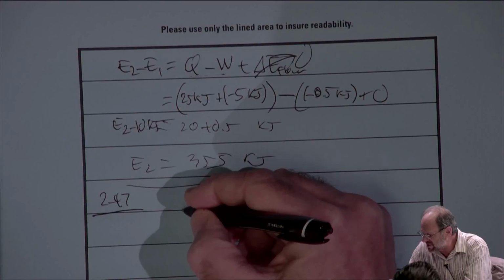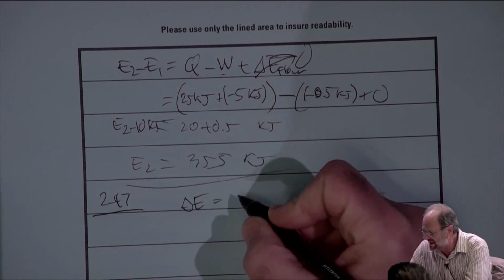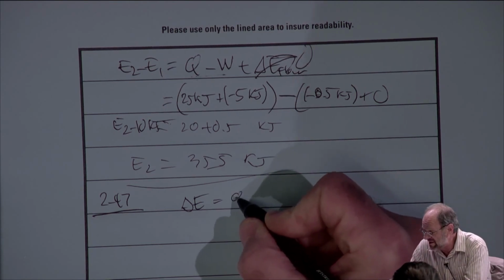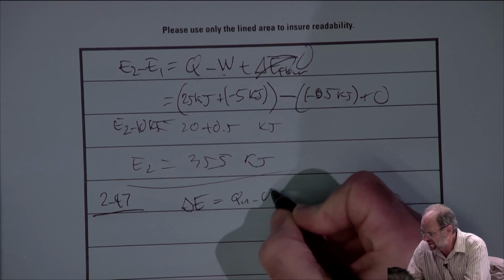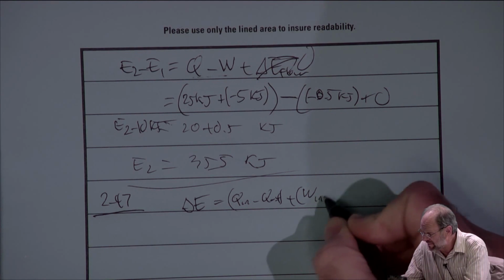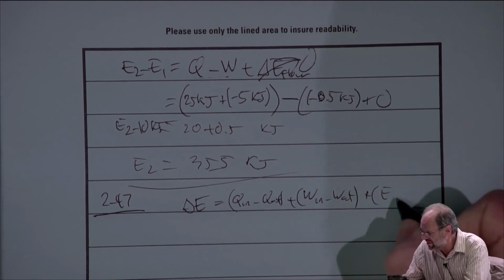Well, we're going to start with the same basic equation, in that delta E is going to equal the difference between the heat transfer and the work. And then also, the flow.